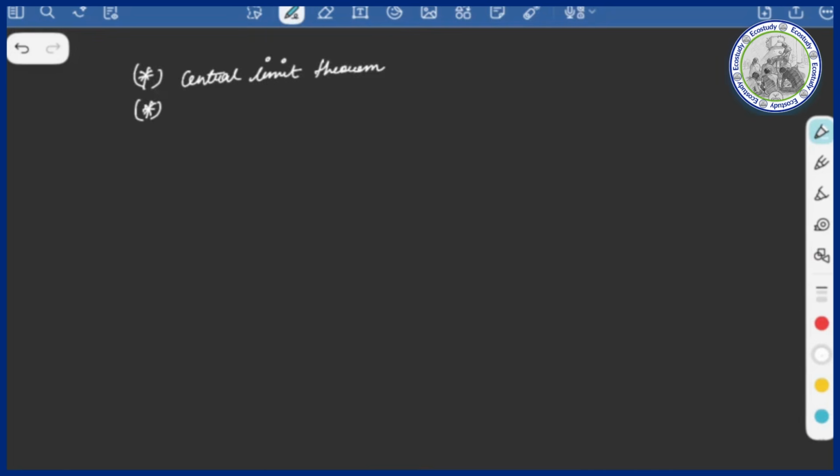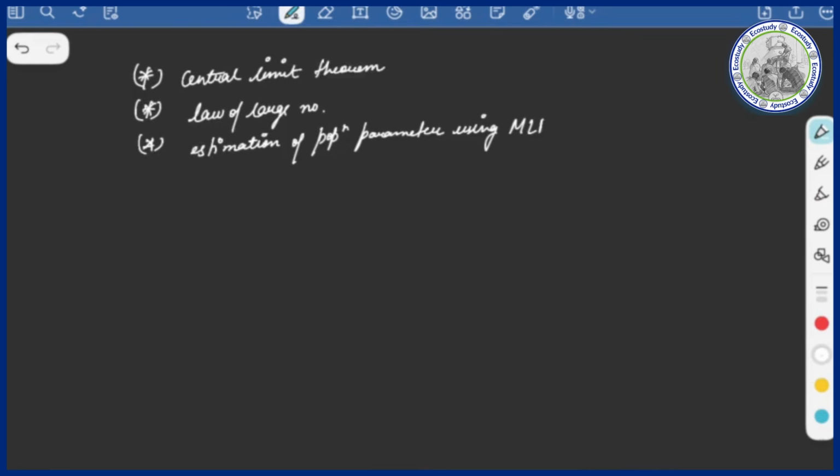After that, we will cover the law of large numbers, and then the estimation of population parameters using MLE and MME: the maximum likelihood procedure, and the method of moments.